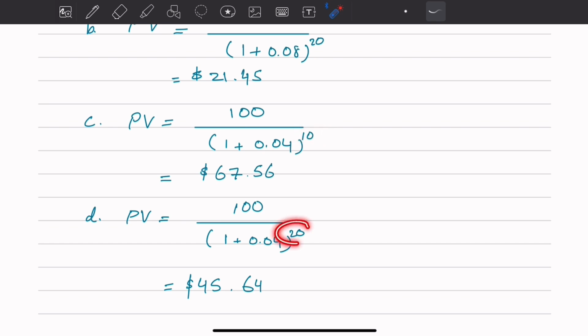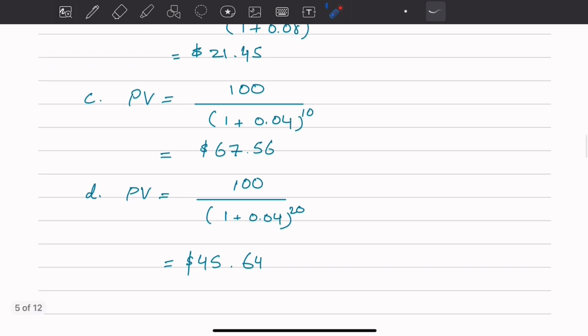But once we increase the duration, we increase the time span for the discounting, we get a smaller value for the present value. Okay, so the present value in the 20-year scenario with the same discount rate is lower. It's only $45.64.